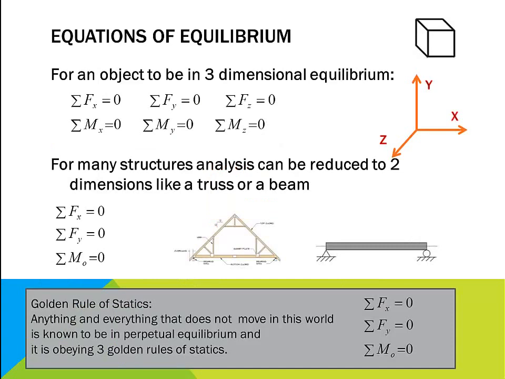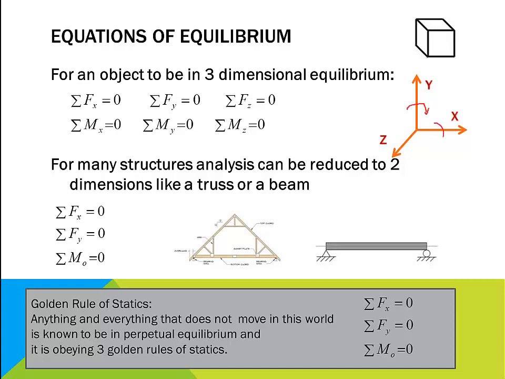In real life we encounter three-dimensional space. So we have the x-axis, y-axis and z-axis. For an object to be in equilibrium, the sum of all the forces in the x direction should be equal to 0, in the y direction equal to 0, and in the z direction equal to 0. In addition to zero forces in all three directions, the net rotation or moment along all three axes should be equal to 0.